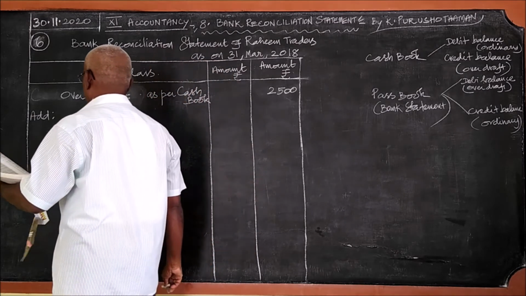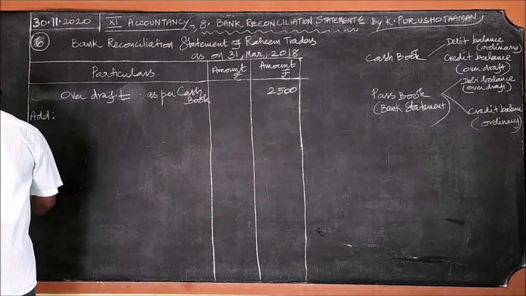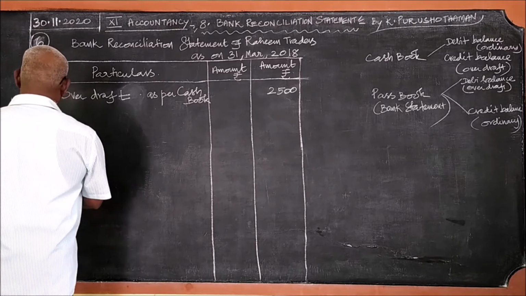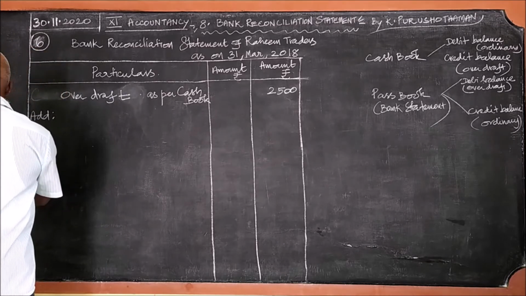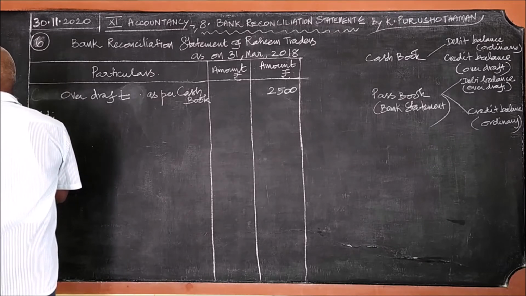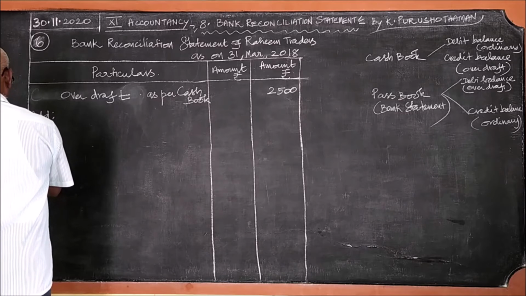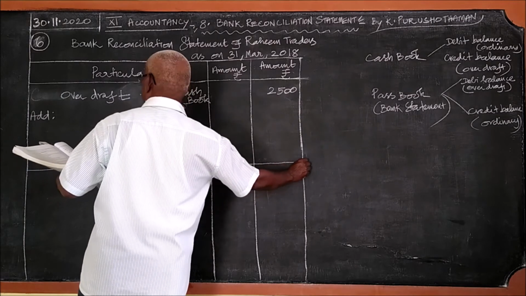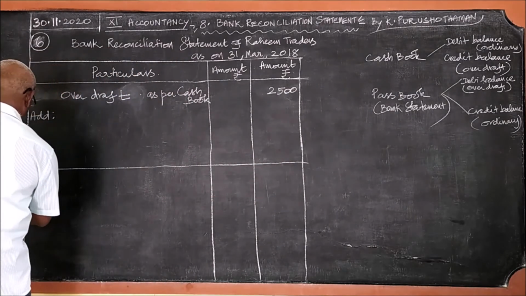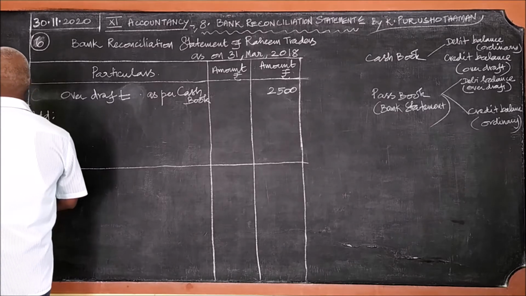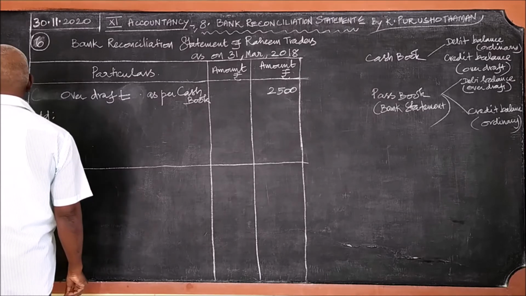As you know well, in these types of problems, certain items are to be added and certain items are to be subtracted. In this problem, we shall see one by one. What should be added?